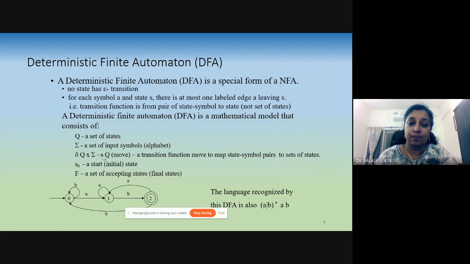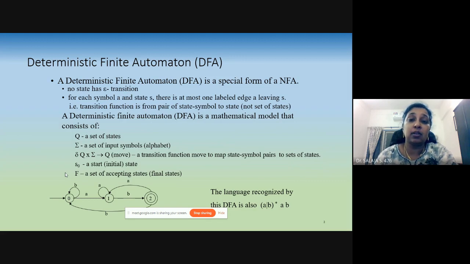And to recall, a deterministic finite automata is a mathematical model which consists of a set of states which are represented as Q, a set of input symbols which are taken from the alphabet sigma, and the transitions would be Q cross sigma, which produces a transition state as the output.